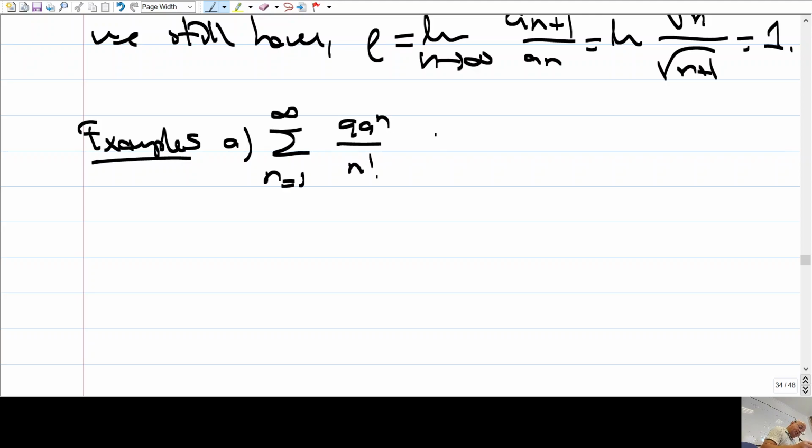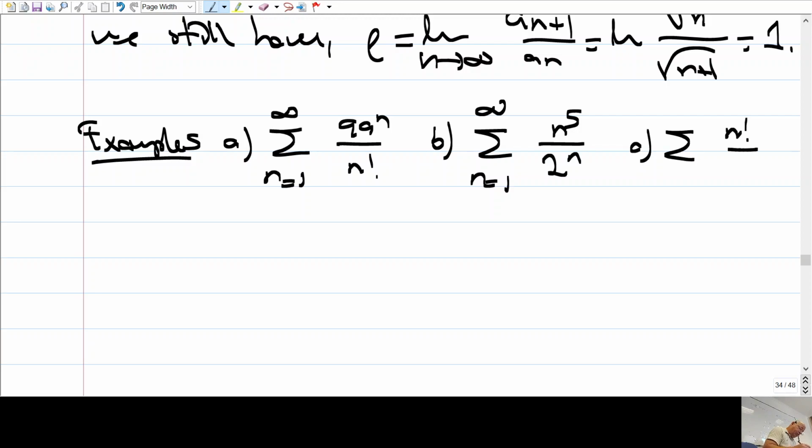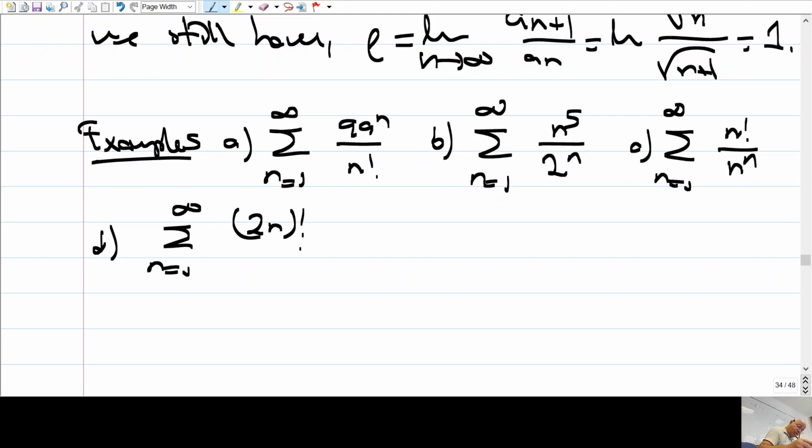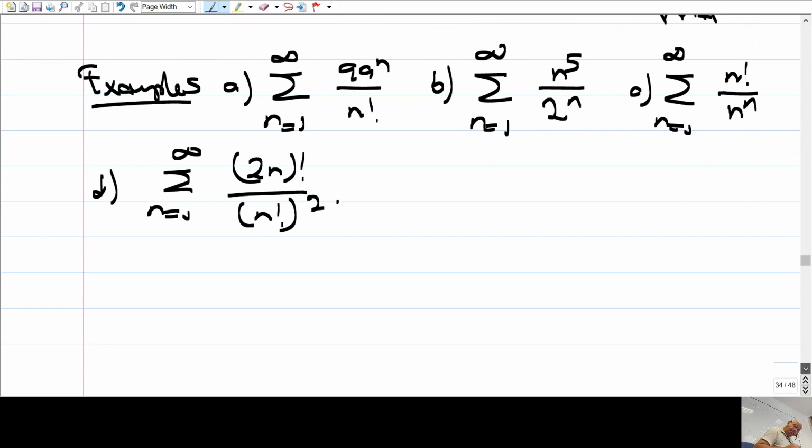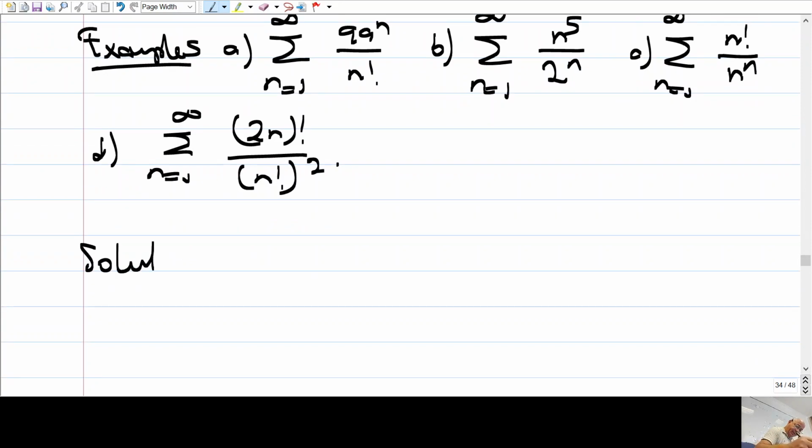B is the sum of n to the power 5 divided by 2 to the power n, from 1 to infinity. C is n factorial divided by n to the power n, n from 1 to infinity. And D is the sum from n equals 1 to infinity of (2n) factorial divided by n factorial squared. So let's see each one separately.